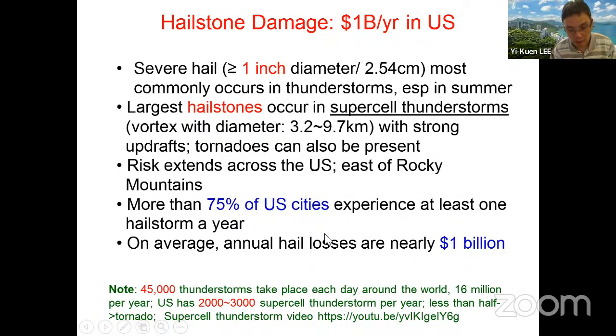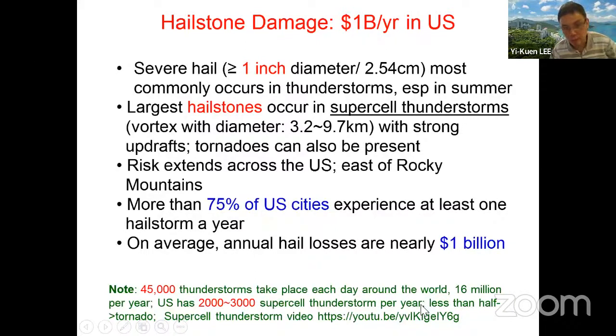Why? You can see it happens very commonly. About 45,000 thunderstorms take place every day, and among them, 2,000 to 3,000 are some special type of supercell thunderstorm.